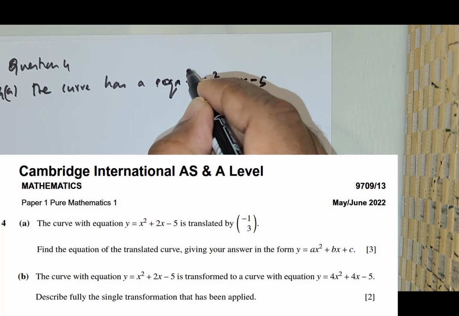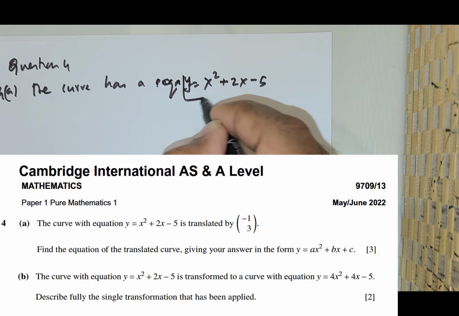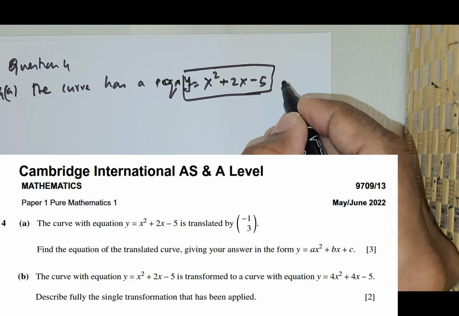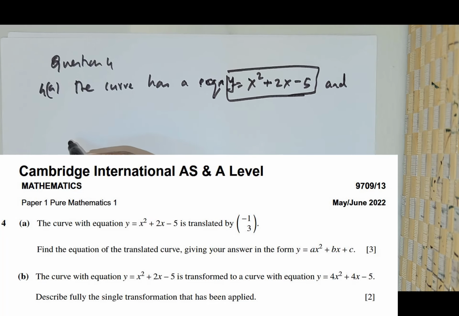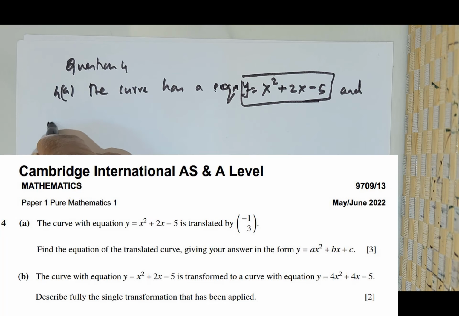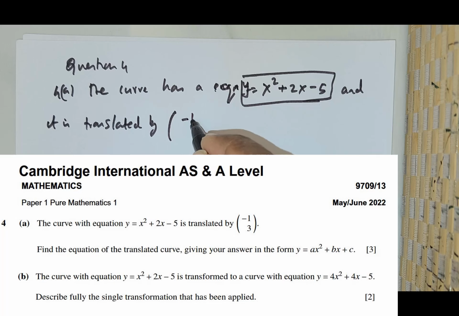So this is the equation of the curve, and it is translated by (-1, 3).